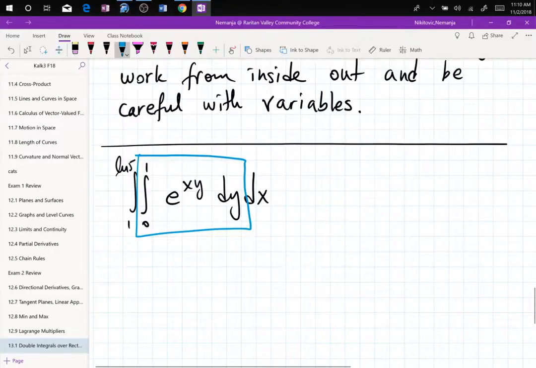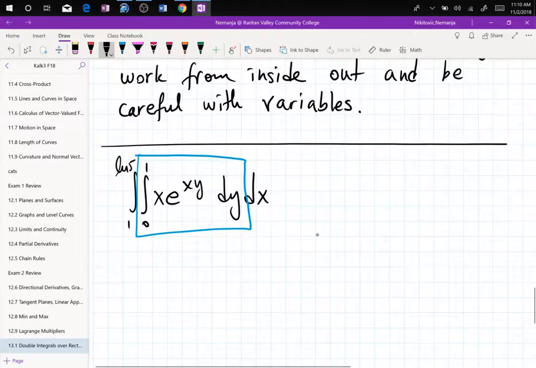As soon as I zoom in that the variable is y, x becomes a constant. So I have to fix this, x e to the xy. This should help.